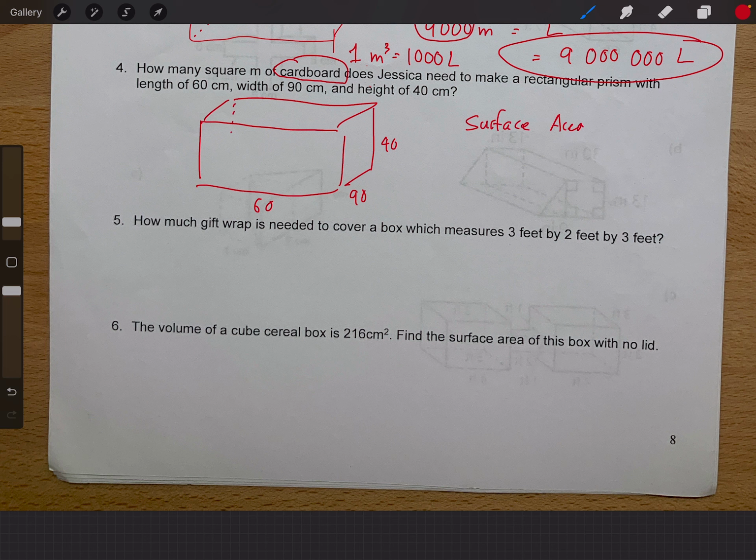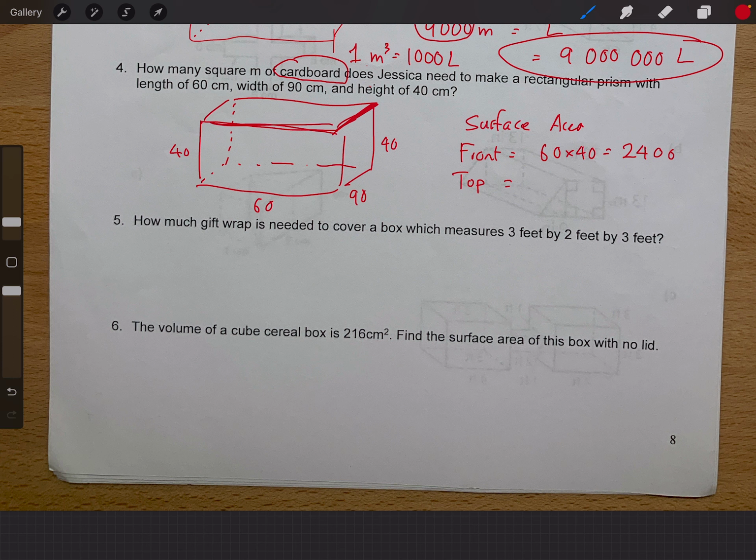Okay, to find the surface area of a rectangular prism, you find the area of the front. What's the area of the front one? You've got 60 times 40. 6 times 4 is 24 with 2 zeros. Now the top, let's look at the top piece. The top is, what is this, 90 times 60, right?